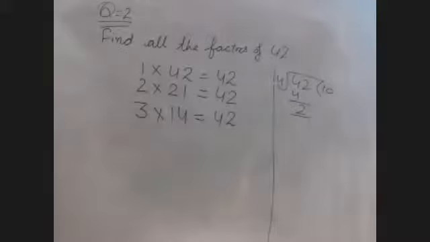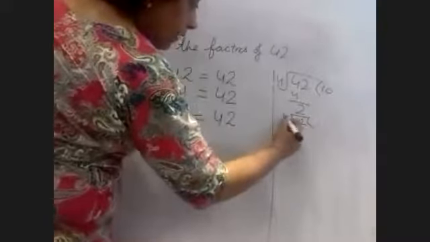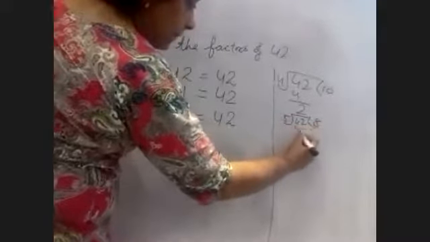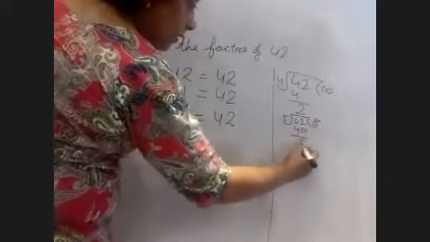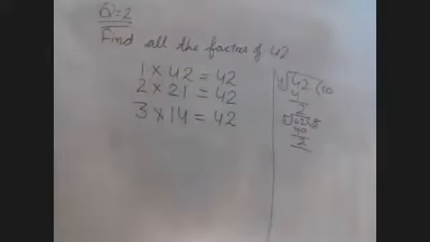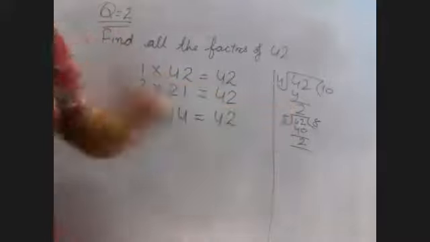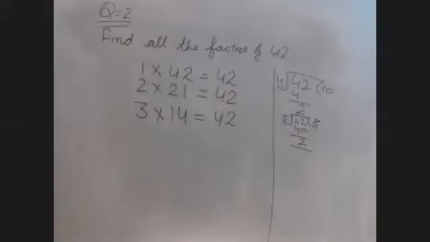Next is 42 divided by 5. We get 8, and again the remainder is 2. So it means 5 is not a factor of 42.